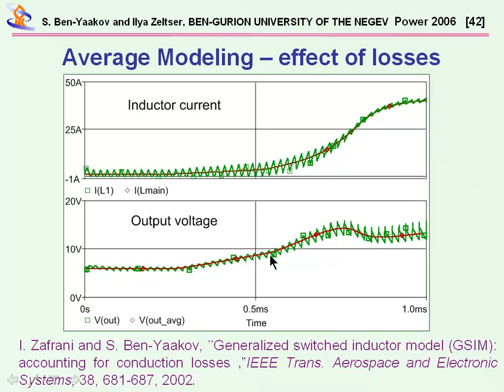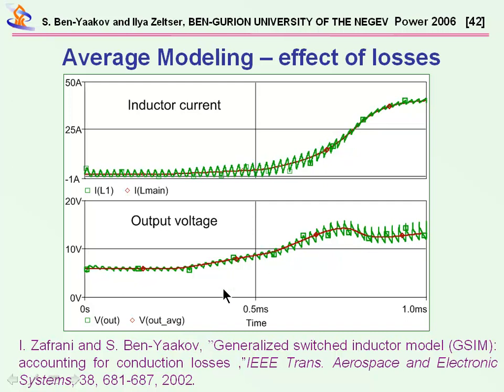The triangles are the result of time domain cycle by cycle simulation, while the continuous line is the average simulation. And of course, in this case, even though there's quite a bit of loss in the circuit, you see that you get extremely good matching between the time domain and the average model.